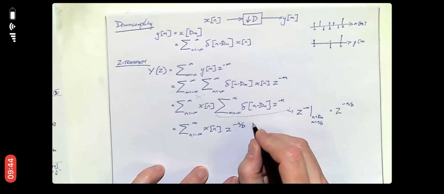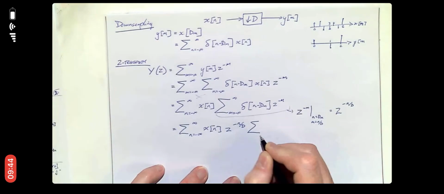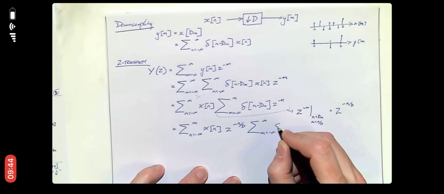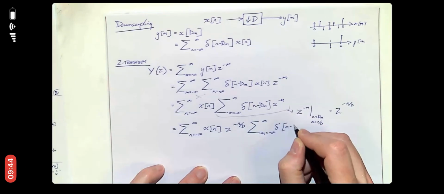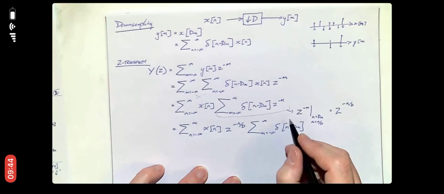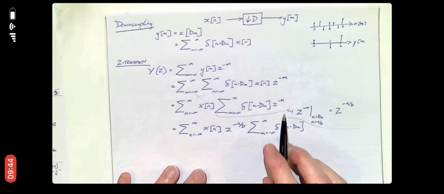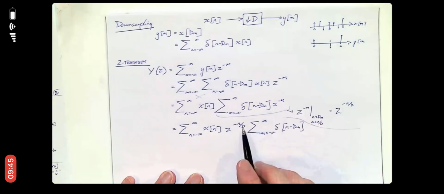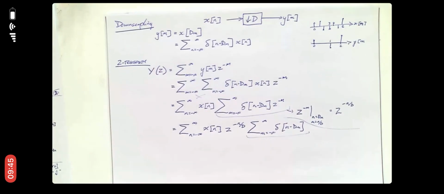So for now, we have to keep this sum. What we've been able to do here is to convert the z to the minus m to z to the minus n over d, but we've still got to work out what happens to that.